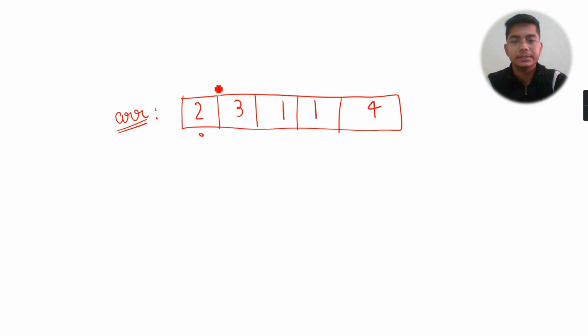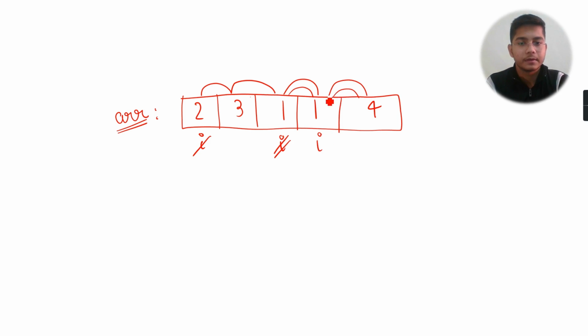Now I can take 2 steps. Suppose I take 1 step, then I reach here, and my i is here. Now I can take 1 step, and now my i is here. Now I can take 1 step, and now my i is here, and I have reached the final position.